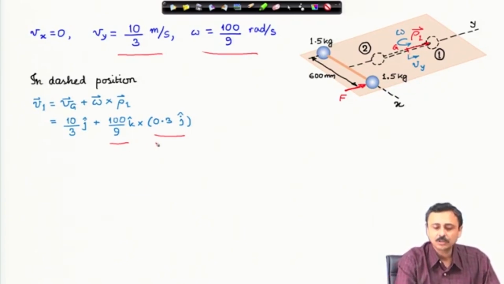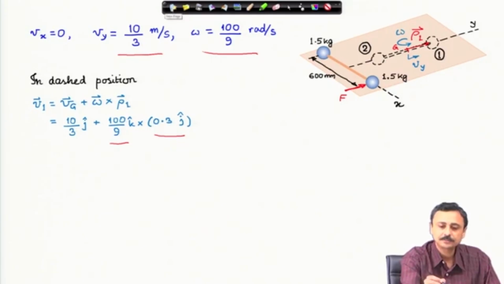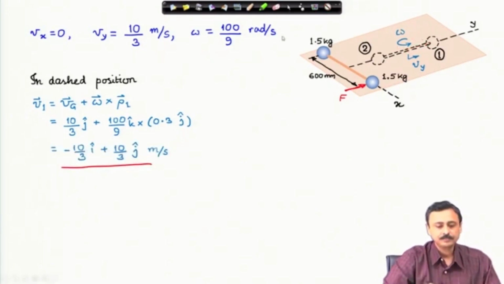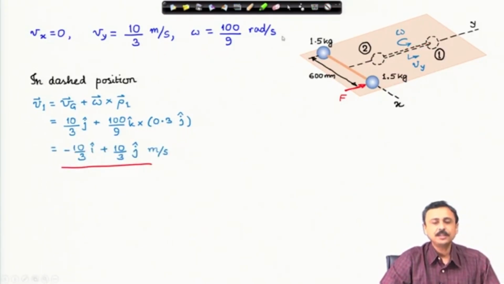Therefore, omega cross rho 1 vector I have written out here. If you do the calculation, you will get the velocity of mass 1 in this form: minus 10 by 3 i cap plus 10 by 3 j cap meter per second. Similarly, for particle 2 you can do the same thing.